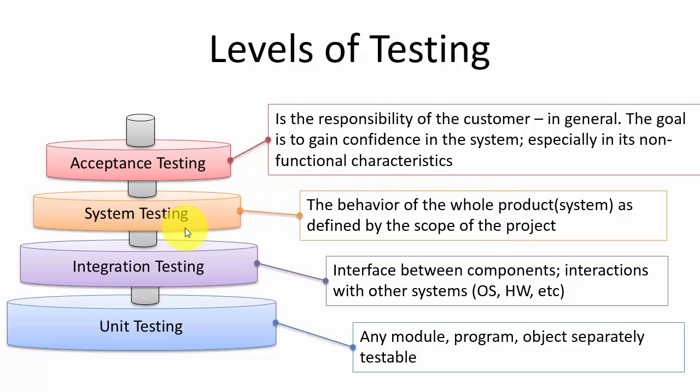So you need to test the whole system and how it's working overall. And then finally we have acceptance testing. That's the responsibility of the customer in general. So the goal is to make sure that the system is working as the customer wants it to be. So all these levels of testing are very important.